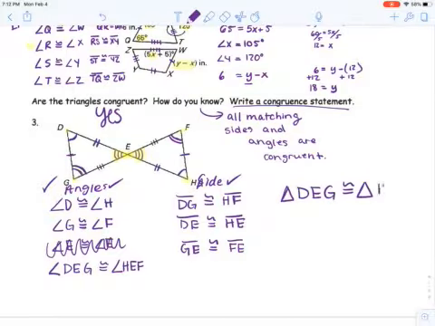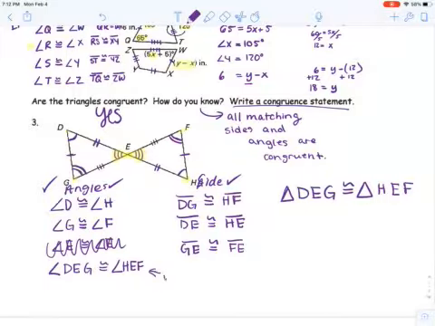So D goes with H. E still goes with E. And G goes with F. So triangle DEG is congruent to triangle HEF.